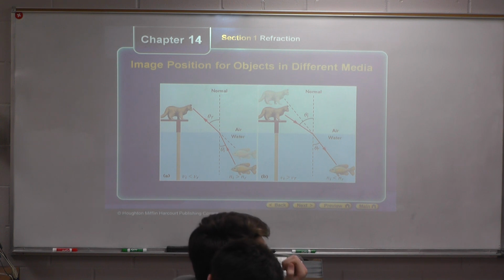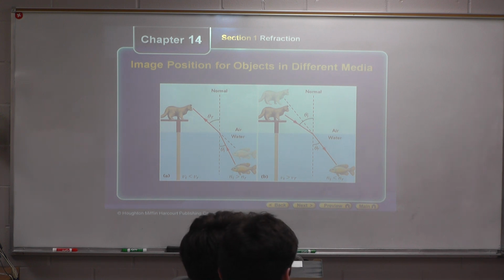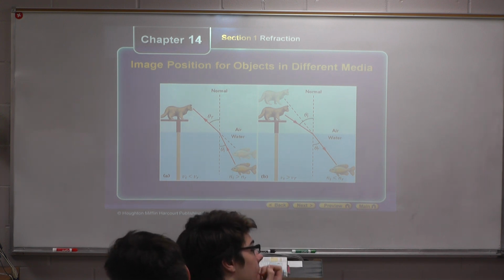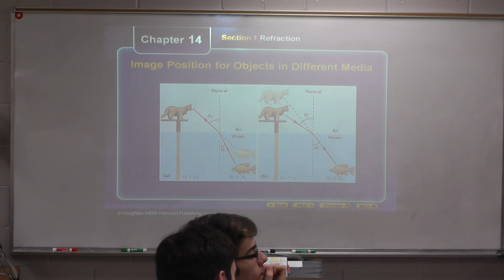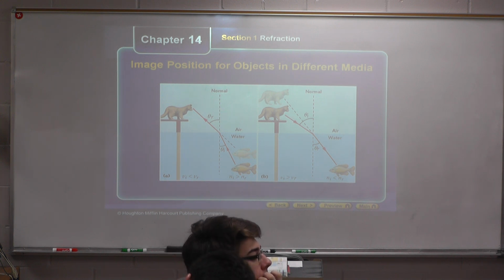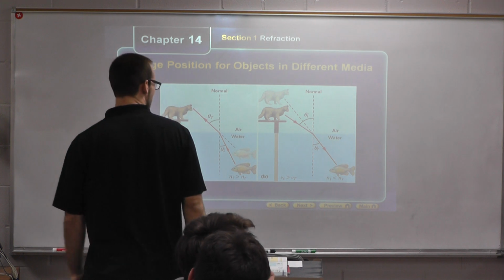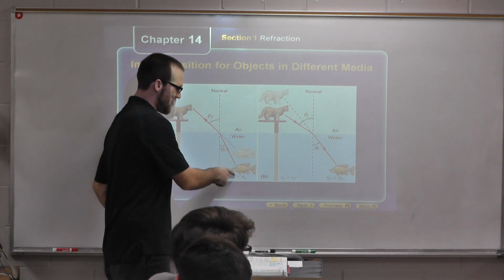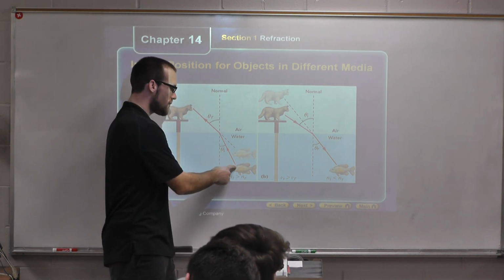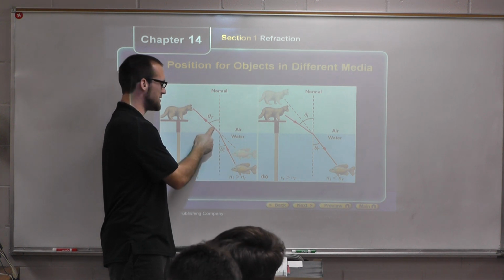So I guess maybe me and a few other gentlemen here are the only ones who did this. But I would always try to grab the fish, and I'd be so mad because I never could touch it. Part of it might be because the fish was skirting away fairly quickly. But the bigger issue is I was not grabbing at the right location. Due to light reflecting, light hits the fish, comes through the water, hits air and bends, and hits my eye.